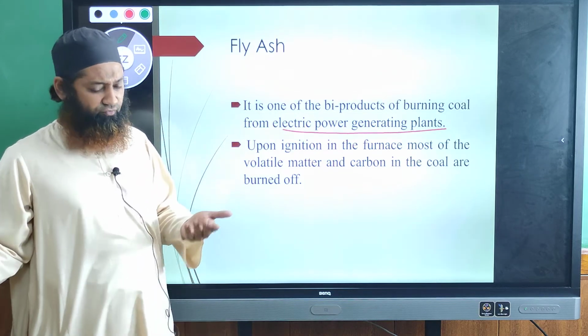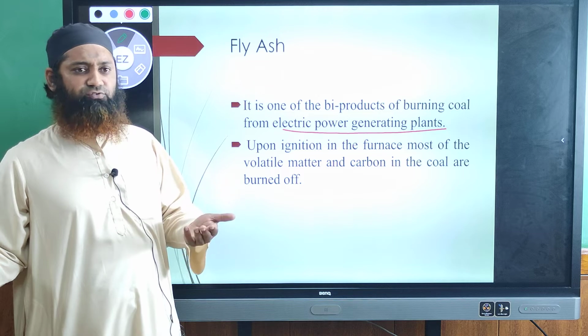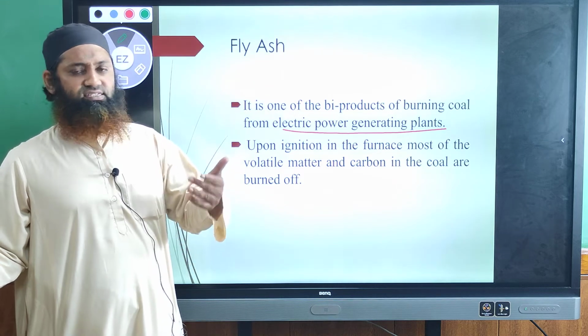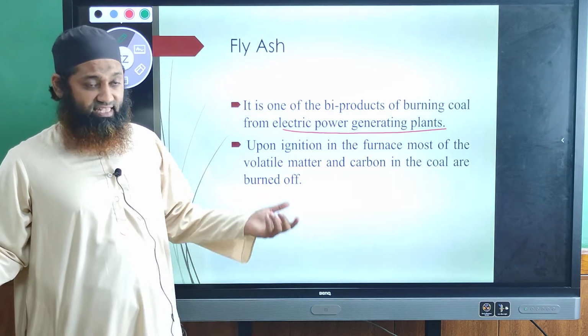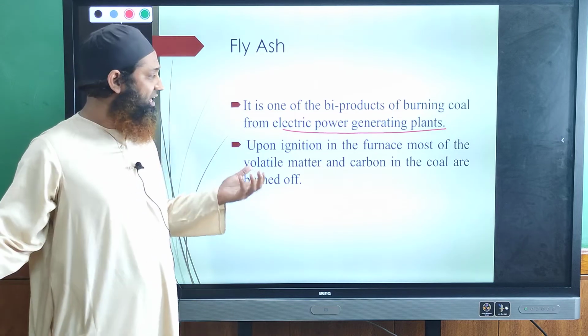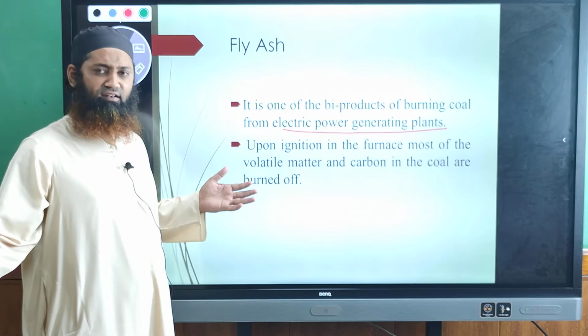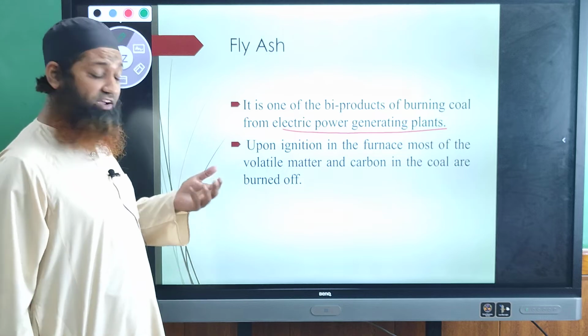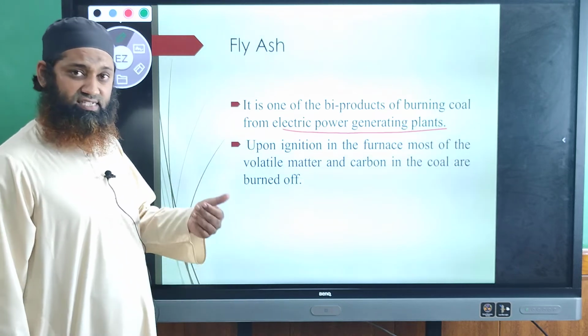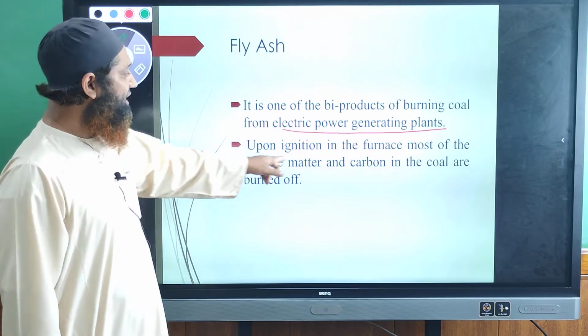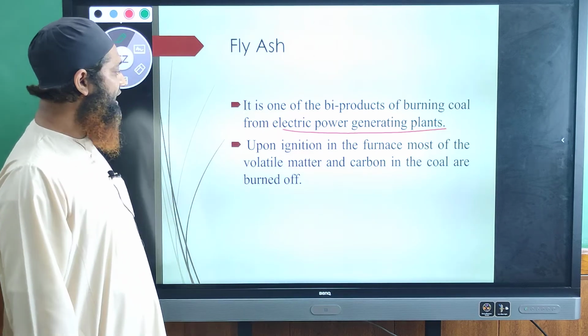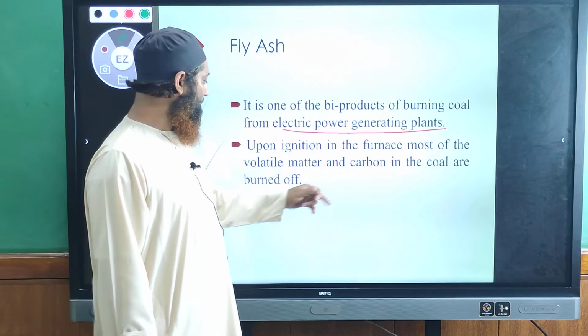Before this research, this fly ash was waste and it was just debris. With this research, this fly ash, which is in huge quantity, is very effectively used in construction of buildings also. Upon ignition in the furnace, most of the volatile matter and the carbon in the coal are burned off.